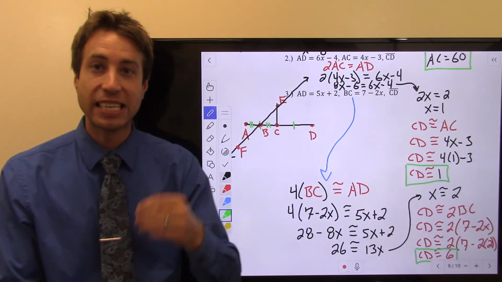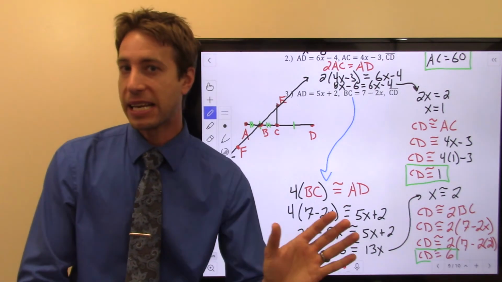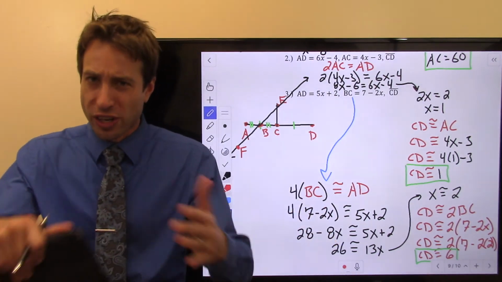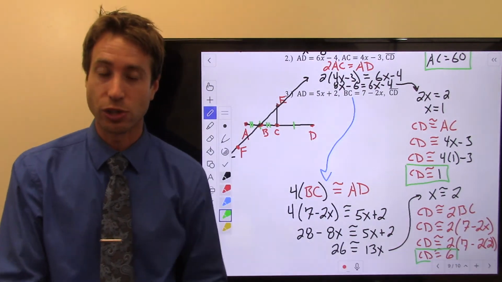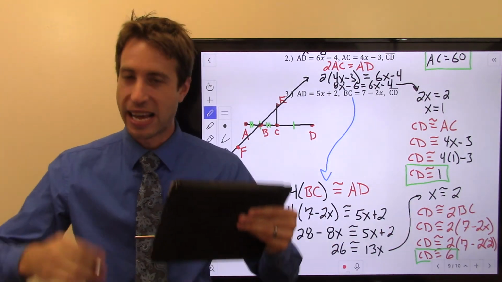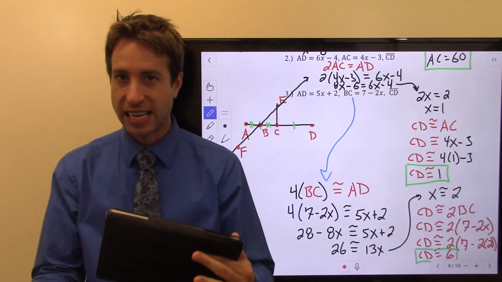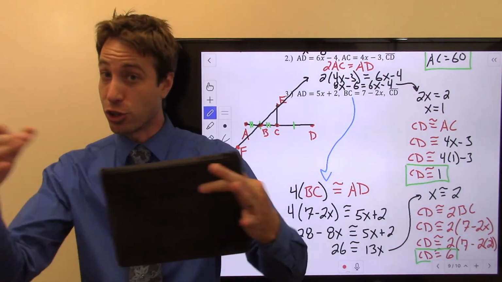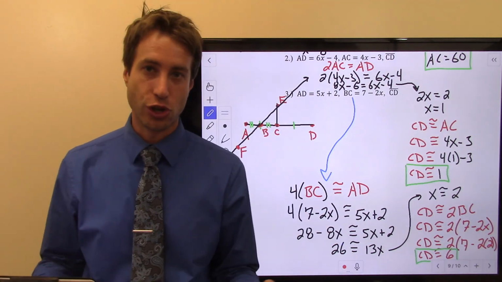For this one, you needed to know the definition of midpoint, and you needed to know the segment addition postulate in order to piece this together to arrive at your solutions. And that's the way geometry is going to go for the entire year, using a lot of the algebra you've already learned, but in addition to that, using these geometric relationships.